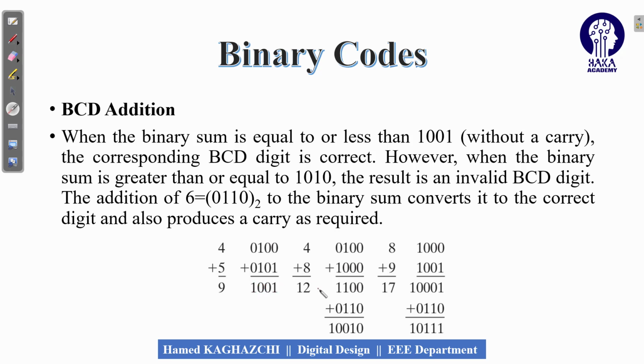Now, the question is what happens when the summation of two numbers is greater than 9, something like that. If we have 4 and 8 and want to add these two numbers together in the BCD form, you can see that this 4-bit code is greater than 9. In this case, we say that if the result is greater than 9, we add the result again with 6.